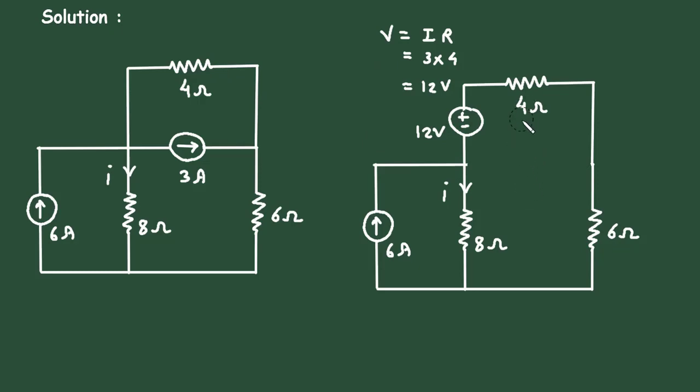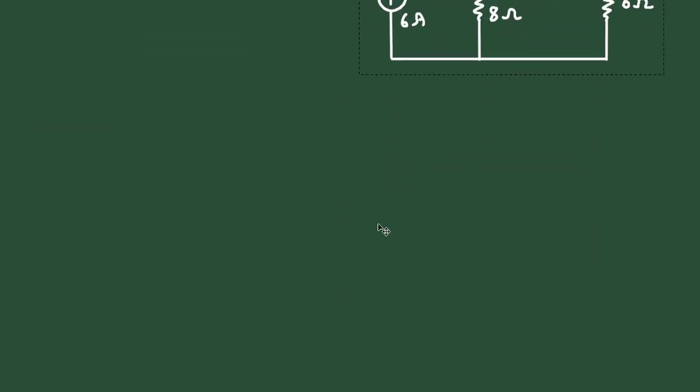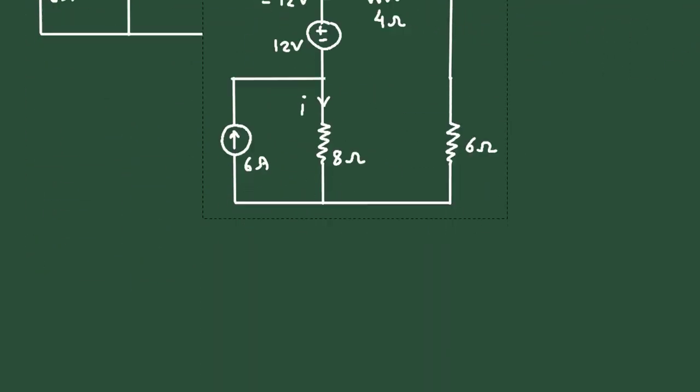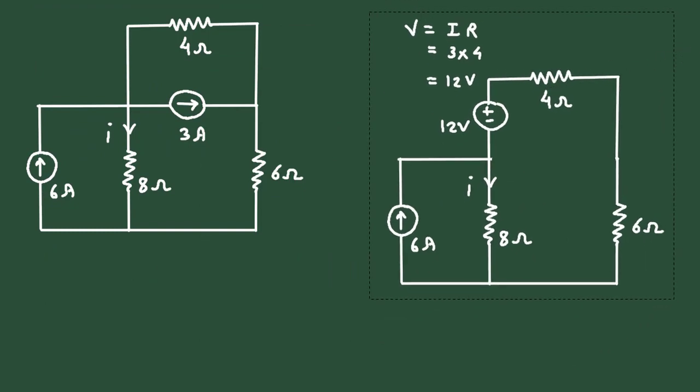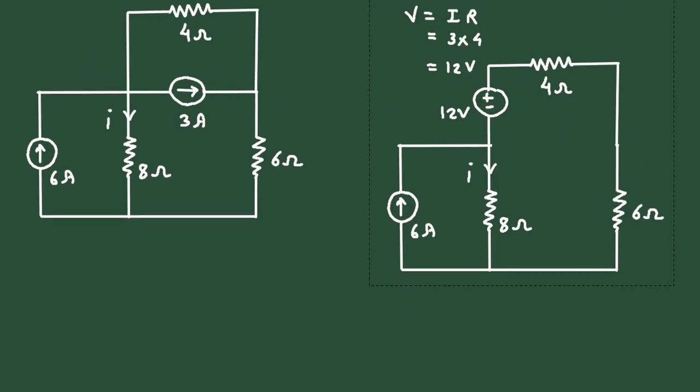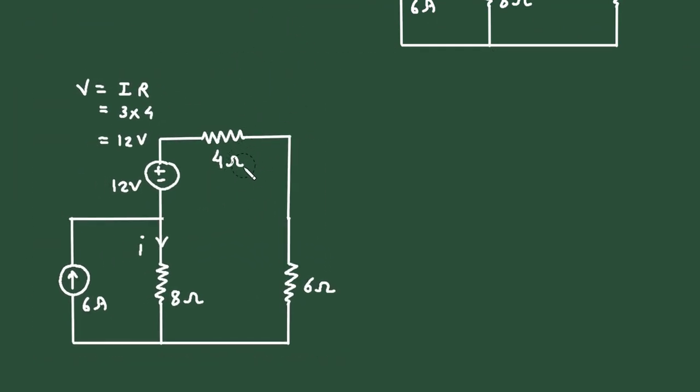Now next, here we can see this 4 ohm and 6 ohm are connected in series. So we can add them. So let's copy this circuit again and make it a single resistor of 10 ohm.